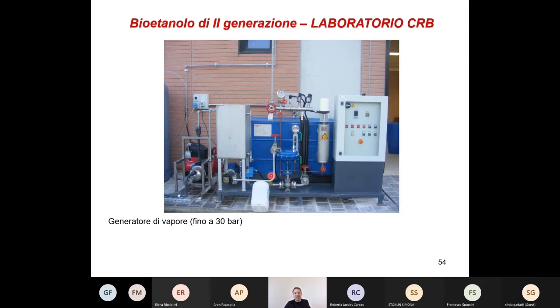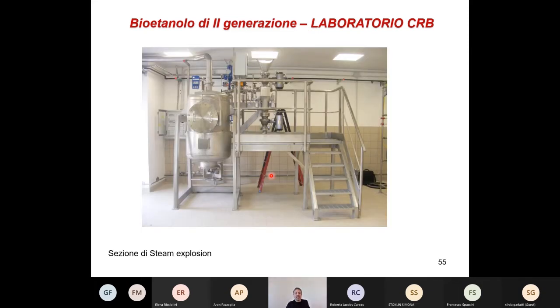This is the steam reaction system. We usually put the biomass from there. This is the main reactor where you have 20-25 bar and steam, so you have the mixture of biomass and steam.